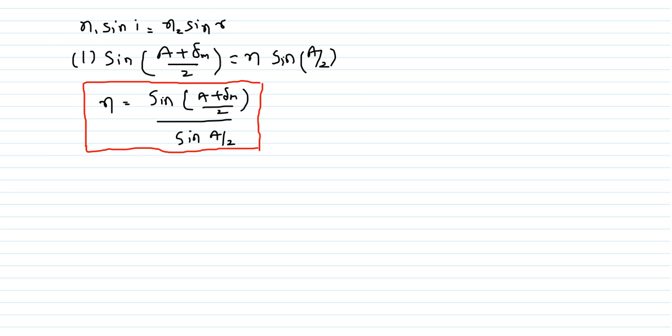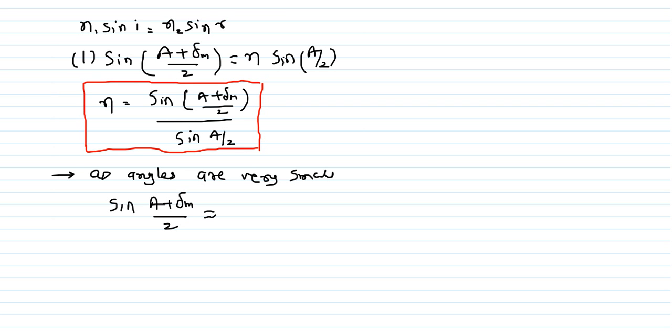Let's go, another supplementary derivation of the same, that is for very small angles. Okay, as angles are very small, then what you can say, sine of A plus delta m by 2 is nearly considered as A plus delta m by 2, and sine of A by 2 is A by 2.